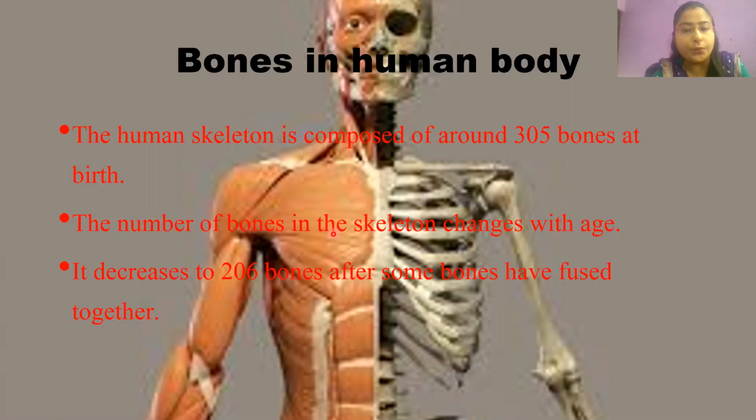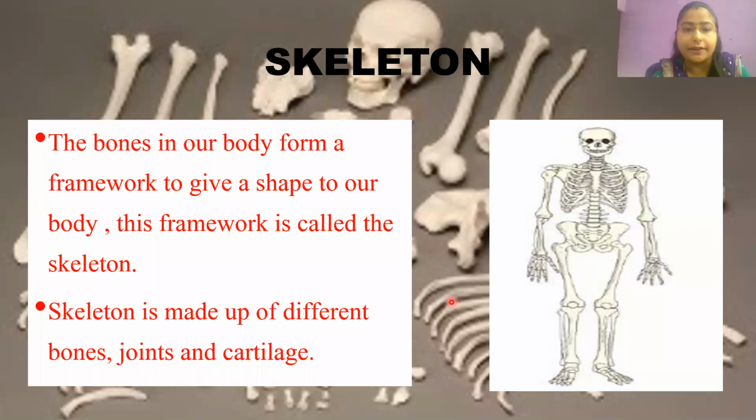But when we grow up, at that time, the number of bones decreases to 206 bones because some bones are joined together. Okay, it means in our body there are 206 bones, but at the time of birth there are 305 bones.